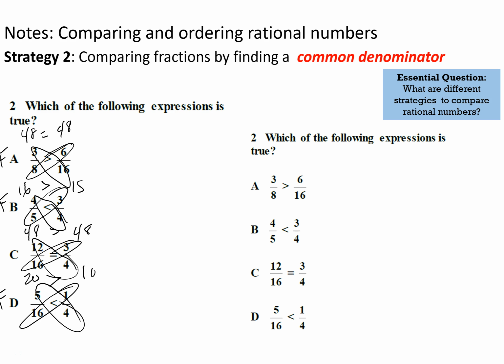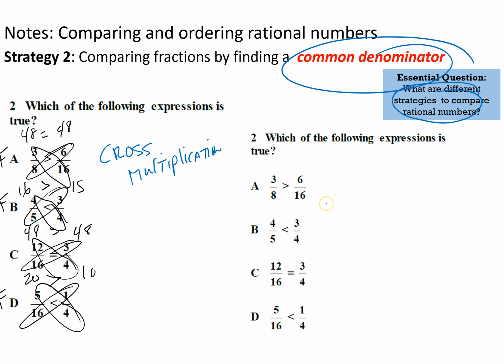All right, so I'm using some of the same problems. In the first video, I used cross multiplication, just so you remember what I did. But another way I could have done it, because it says what are different ways, I could have used a common denominator.